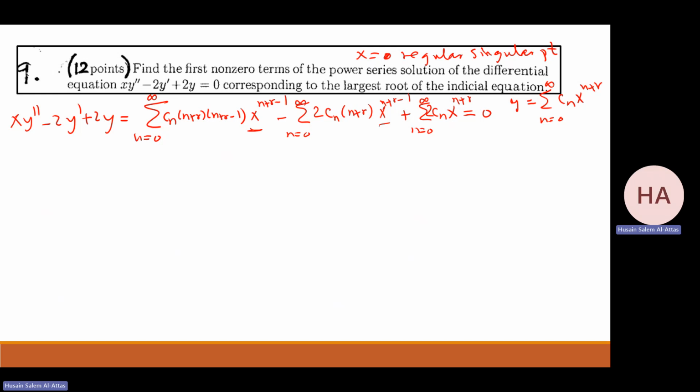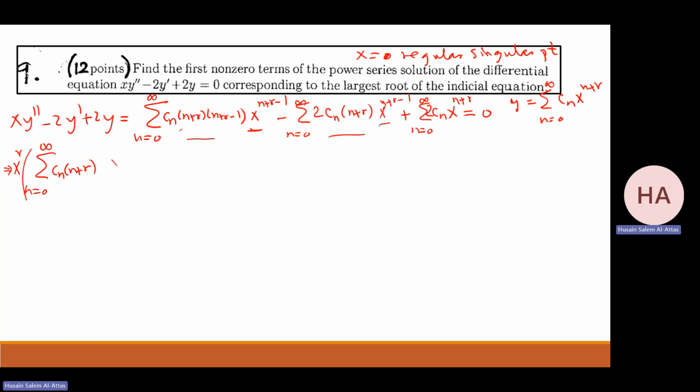Okay. Now, what I will do, I notice these two are the same, so I can combine them. Actually, I can take c_n (n+r) out. Let me take x to the power r outside, to save time.